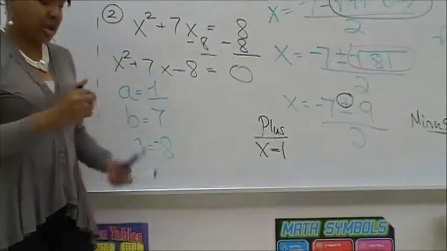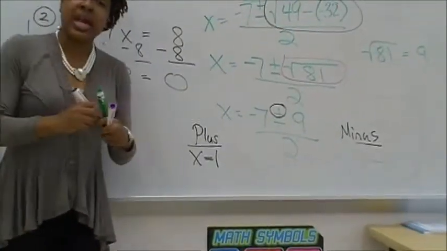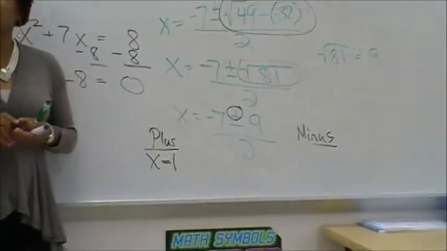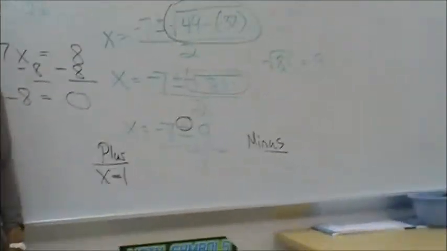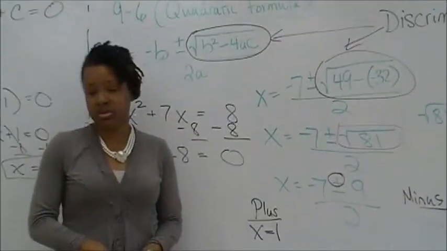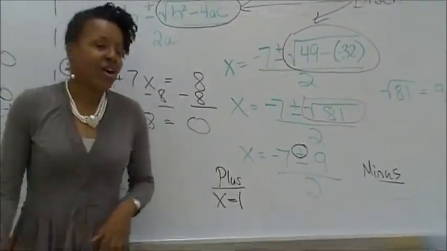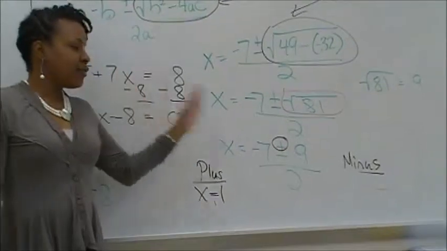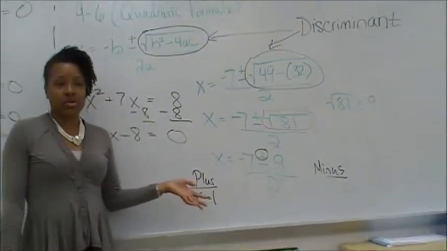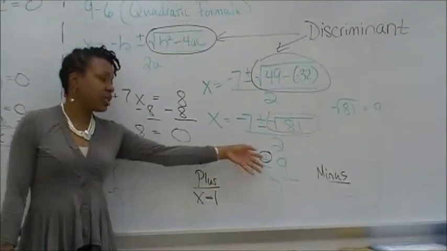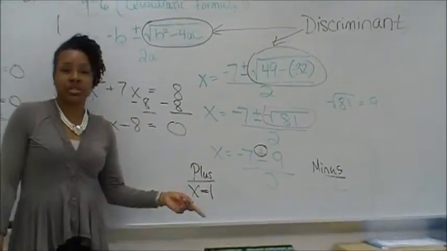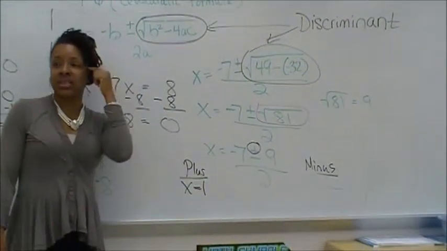Now, let me stop you right here. If you're using a scientific calculator, which you're not supposed to be using because you can't use those on the EOC, this is why. If you put this in your calculator, it's going to tell you a different answer because the scientific calculator tries to think for you.